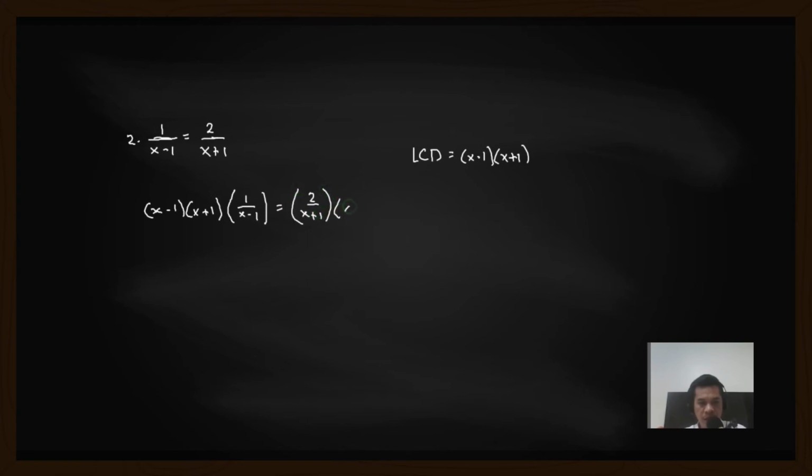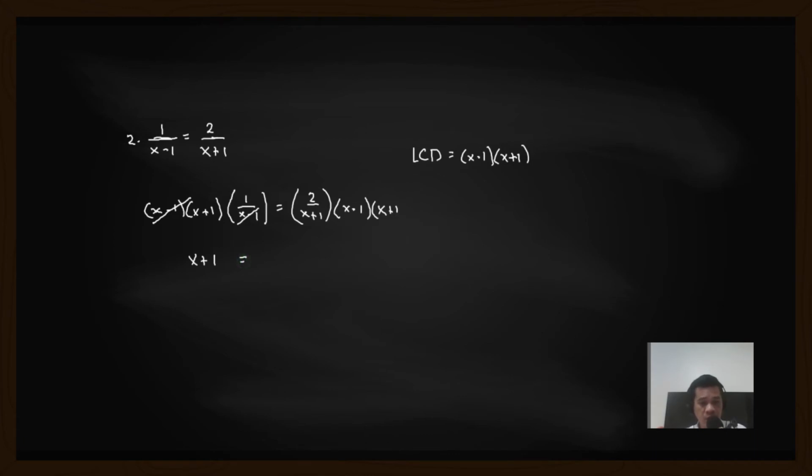Then our LCD, x minus 1 and then x plus 1. So we apply multiplication property of equality. Okay, so we already multiplied the LCD to both sides. So next is we're going to simplify. So yung result, magiging x plus 1 na lang. Kasi if we're going to multiply this 1, makakansel yung x minus 1. So yung matitira, x plus 1 times 1, the result is x plus 1.